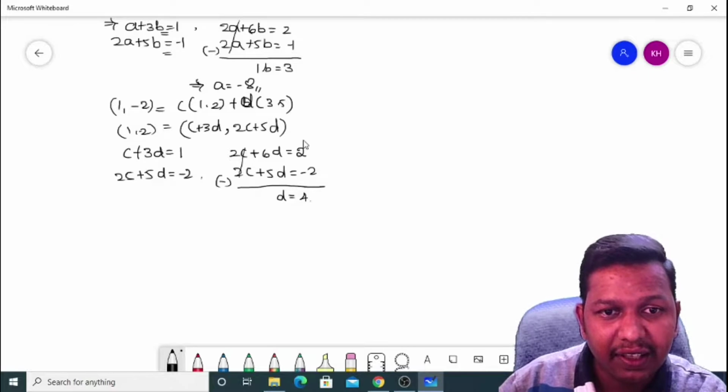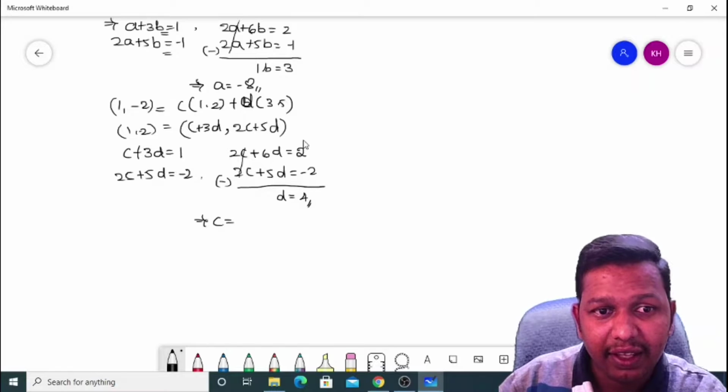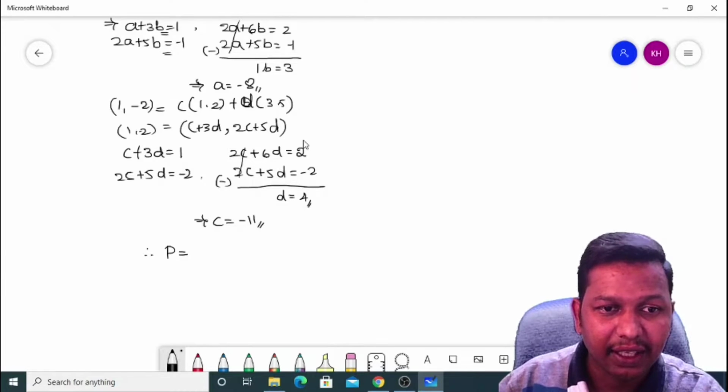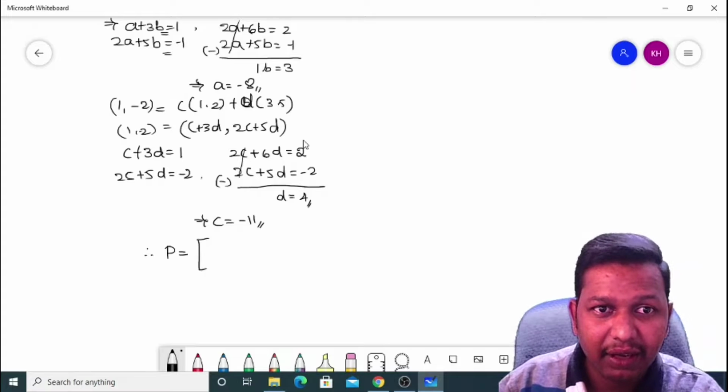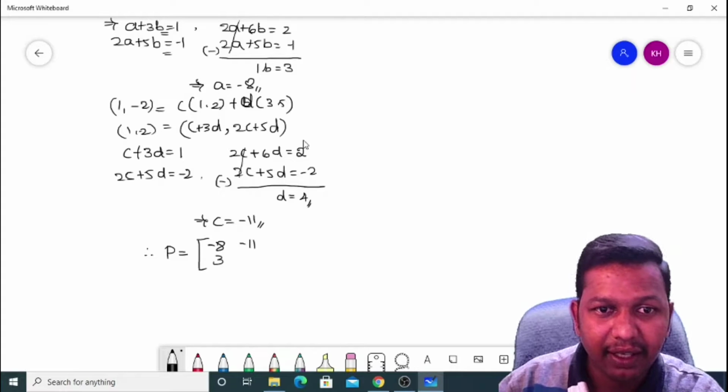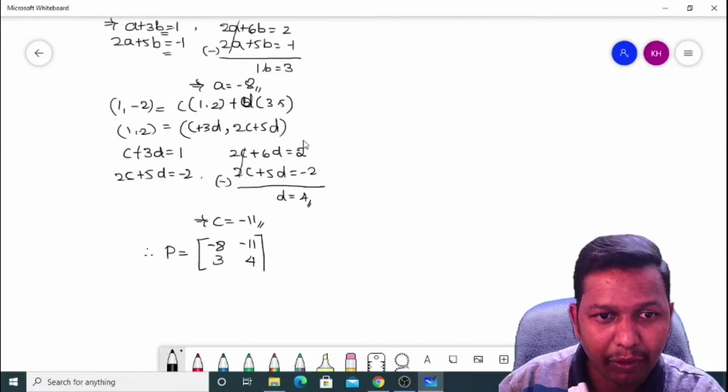Since D is equal to 4, we have the value of C is equal to -11. Therefore, matrix P has A value -8 and B value 3, C value -11 and D value 4.